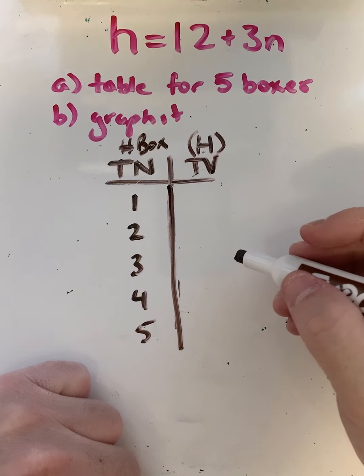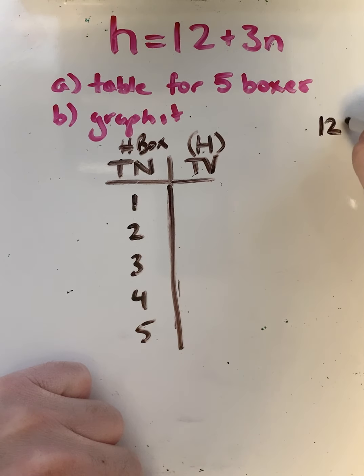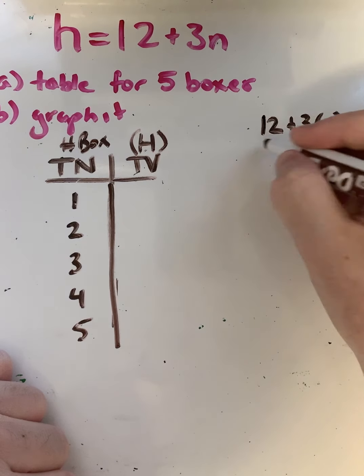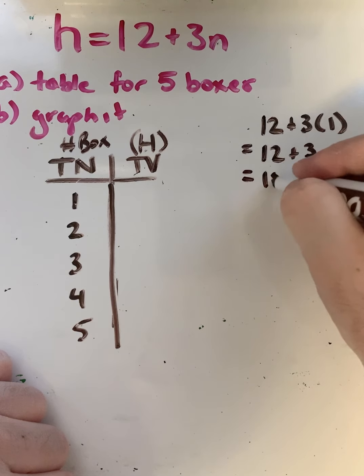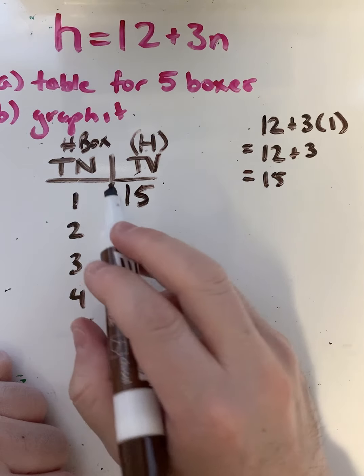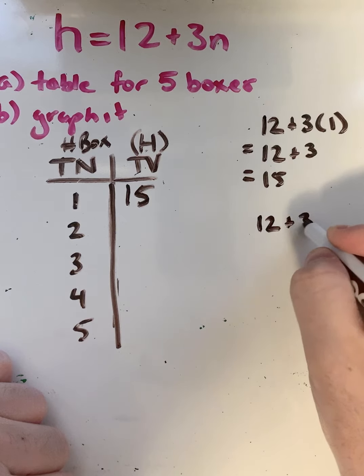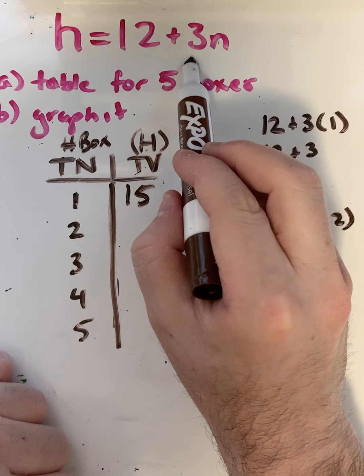So what I would have to do here is input my information into the equation. So 12 plus 3 times 1, 12 plus 3. So 1 box stacked is 15 centimeters. I can do number 2, but I already know that it's going to go up by 3.